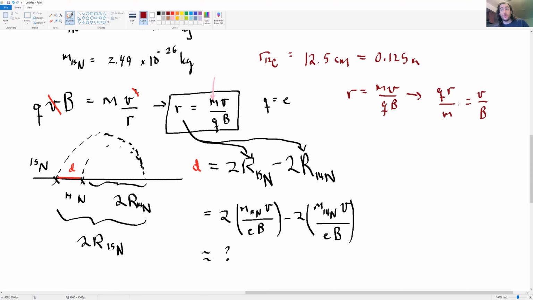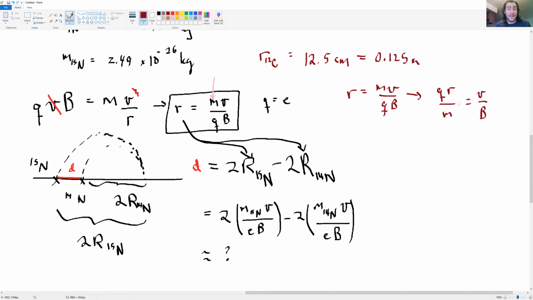Now, I think it's a reasonable assumption that for a device like a mass spectrometer, we should have a velocity selector in place prior to launching these particles into the magnetic field, because depending on the initial velocities of those particles, they will have different circular motions, right?